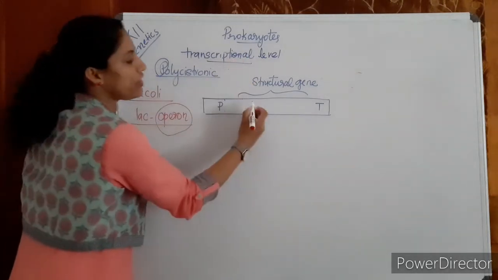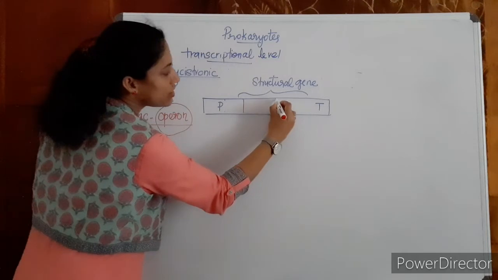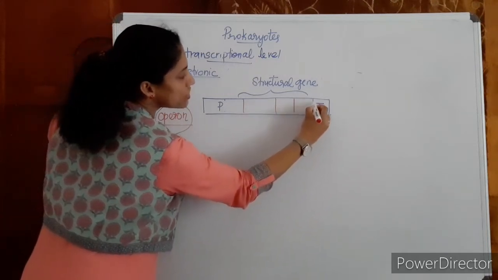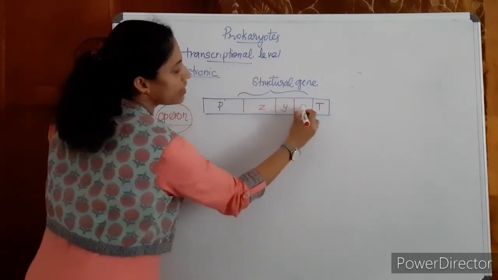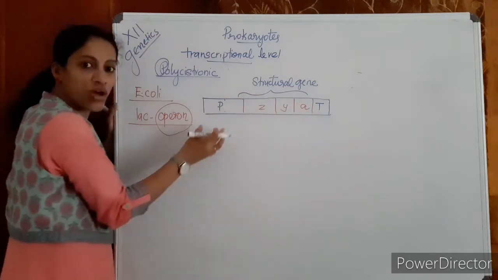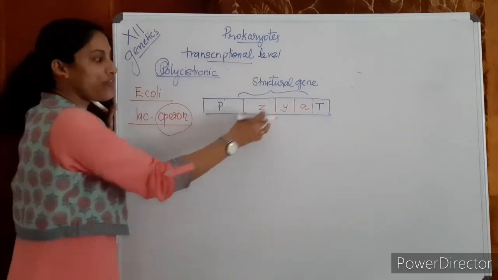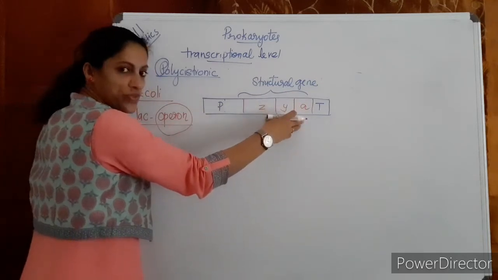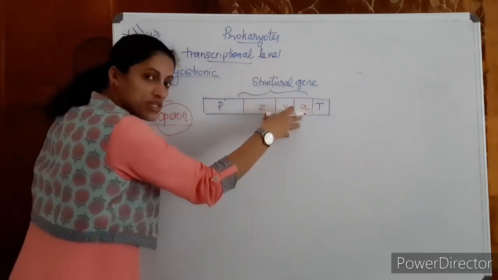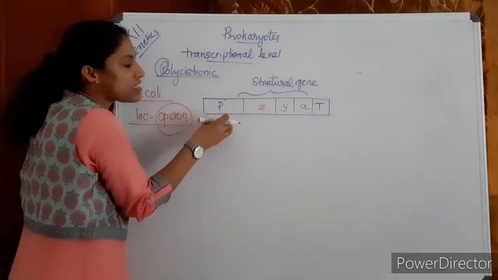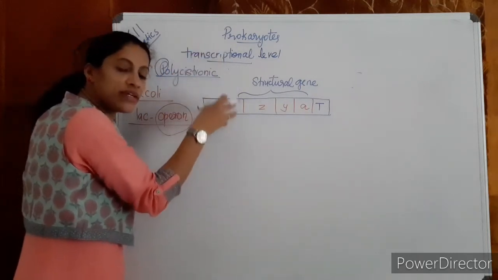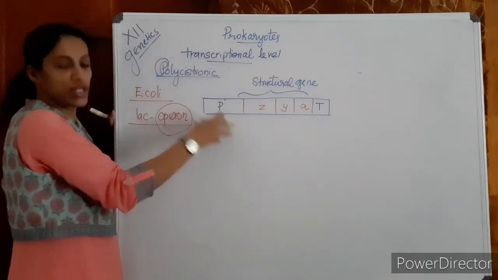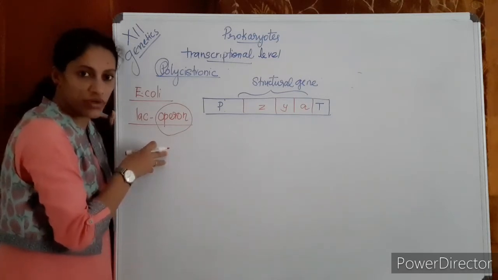That means if there are three genes, suppose Z, Y, A, in the transcription unit, their expression is controlled by certain sequences present in the transcription unit itself. That is the operon concept.